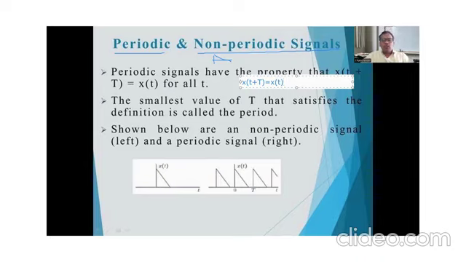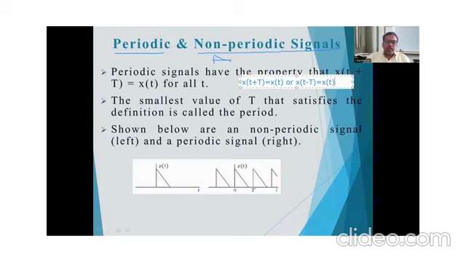This signal is known as a periodic signal. Similarly, x of t minus T is equal to x of t. This signal is also known as a periodic signal.